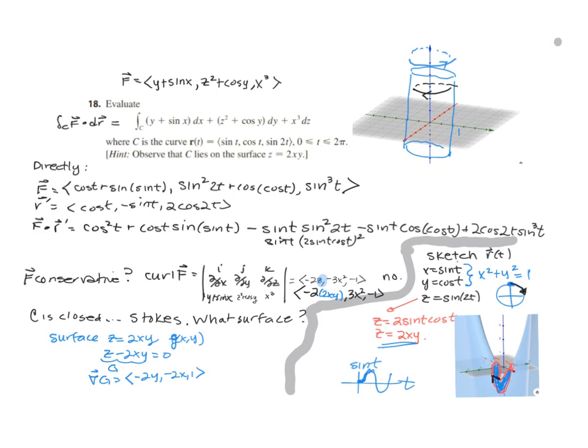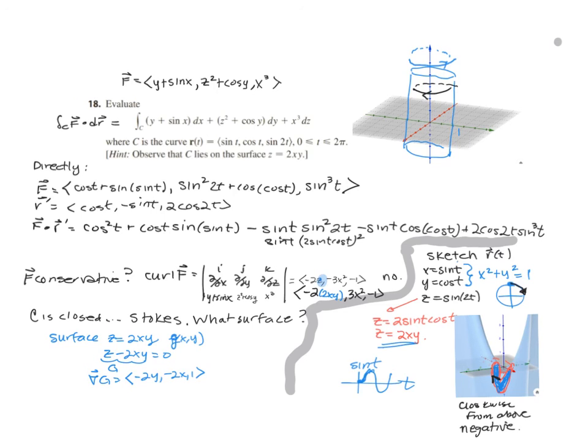That's clockwise if we look from above. And so that's the negative direction for a curve.